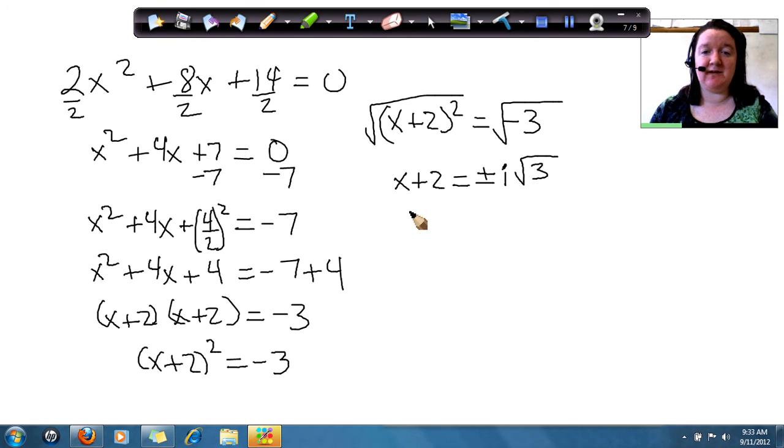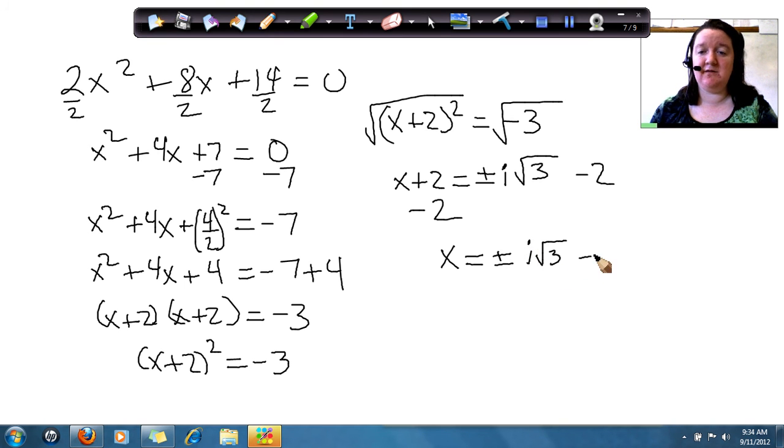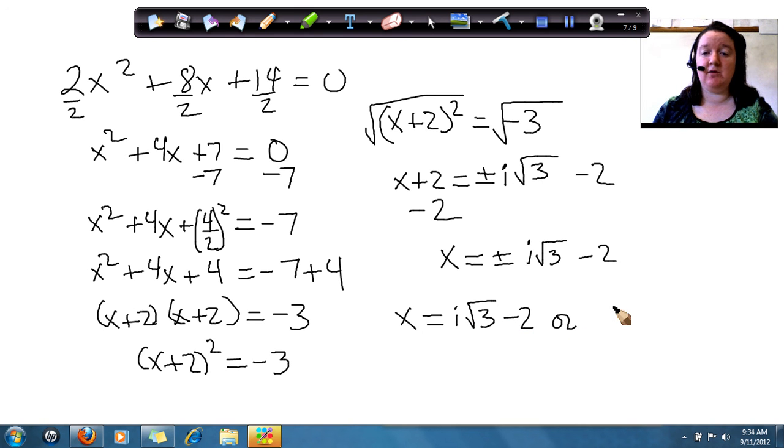Now I need to get the x by itself, so I'm going to subtract 2 from both sides. So I'm going to get plus or minus i square root of 3 minus 2. So that means I could have two different x values. I could have i square root 3 minus 2, or I could have a negative i square root 3 minus 2.